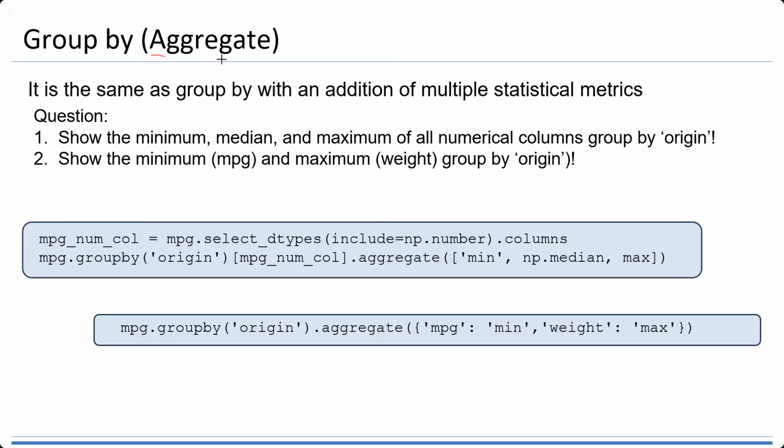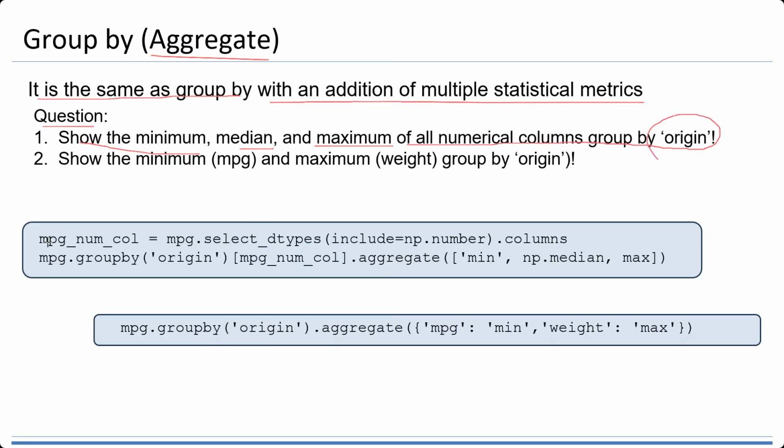So we can do it with the aggregate function. It is the same as the group by, but we are going to have multiple statistical metrics. Okay. Let's see here. I have questions. Show the minimum, the median, and the maximum of all numerical columns grouped by the origin.